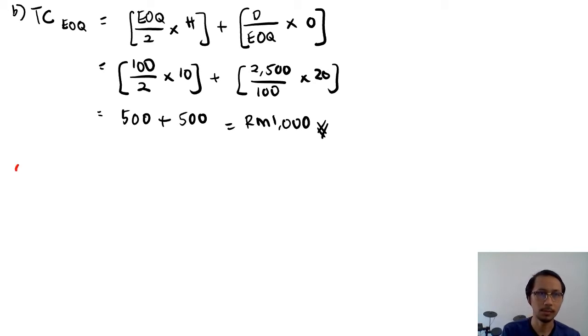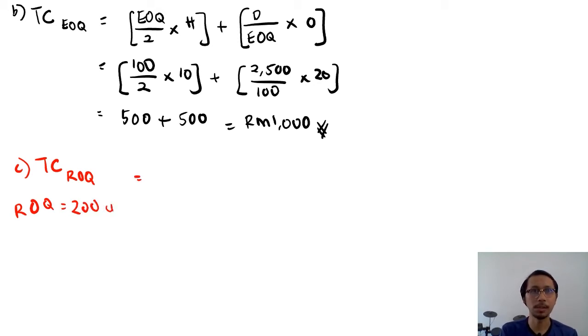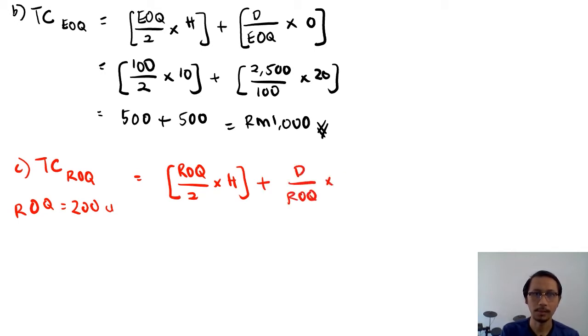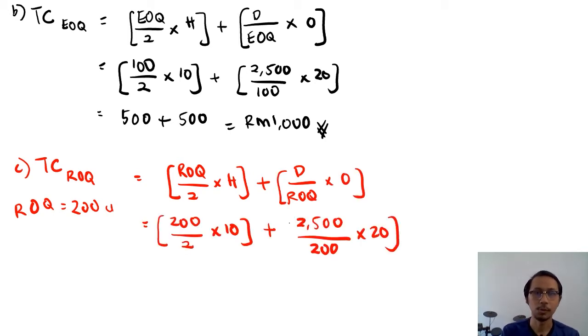Next question, we need to calculate the total cost of the same product by using ROQ. Bear in mind that your ROQ is 200 units. So from the same formula, you can just substitute the EOQ with ROQ. For example, ROQ divided by 2 times H, plus D divided by ROQ times O. Okay, so we already substitute the formula into the figures.